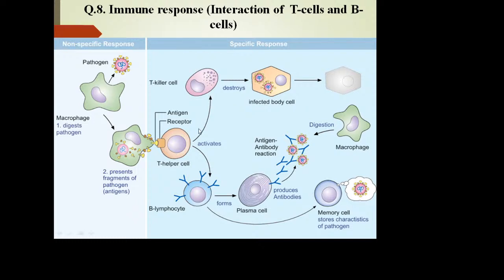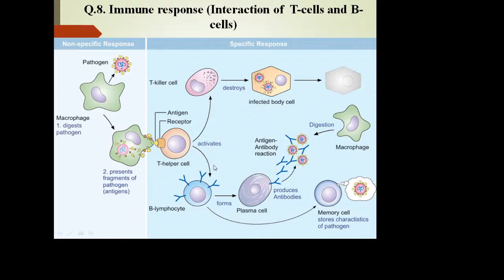Th1 produce specific lymphokines, specific substances that activate T killer cells or cytotoxic lymphocytes. These CD8 cells, cytotoxic lymphocytes, release cytotoxic substances and destroy infected body cells.